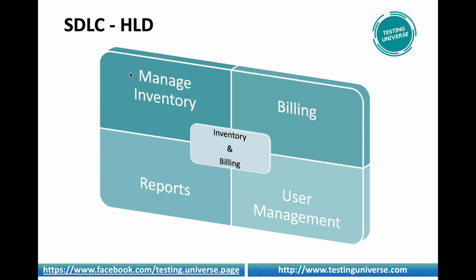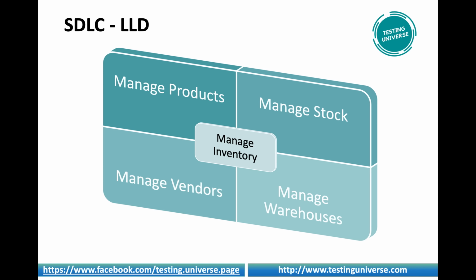So we'll take up the same example. You can see here inventory and billing software. The high level architecture would be manage inventory, billing, user management, reports. Like this, a big module list will be given, and then how exactly they interact with each other. When you go to the low level design, right? In manage inventory, manage products will be there, manage stocks will be there, manage vendors will be there, manage warehouses will be there.